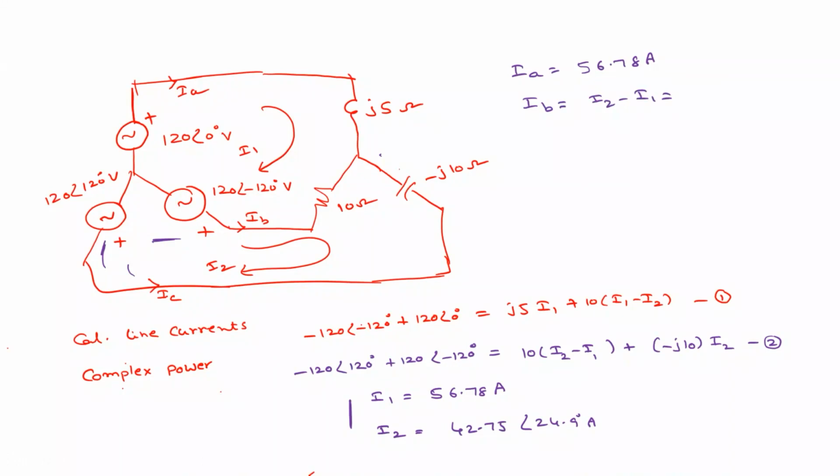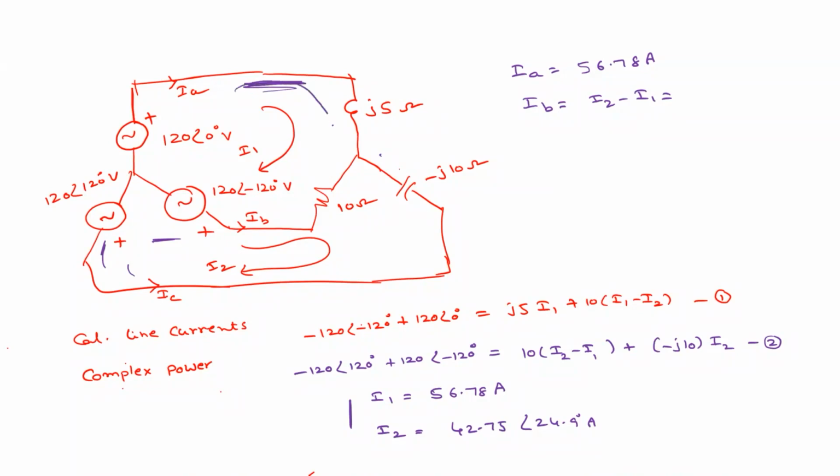For I1 the angle is 0. For line currents, do we have to subtract, sir? No need to subtract.